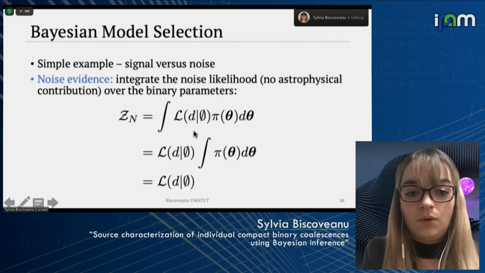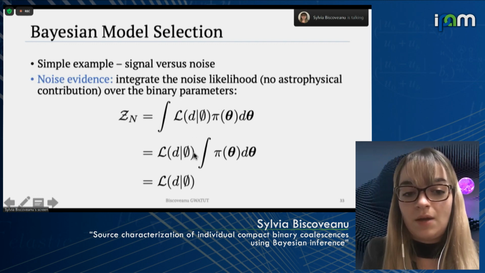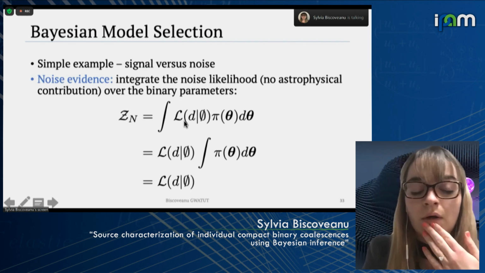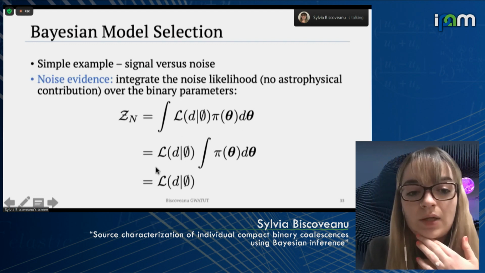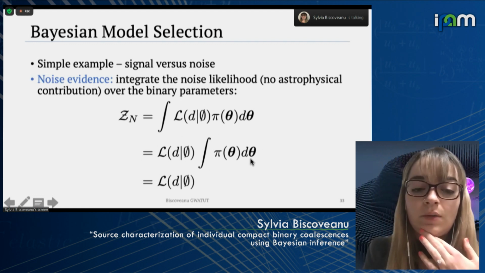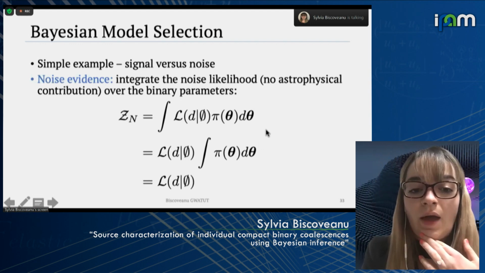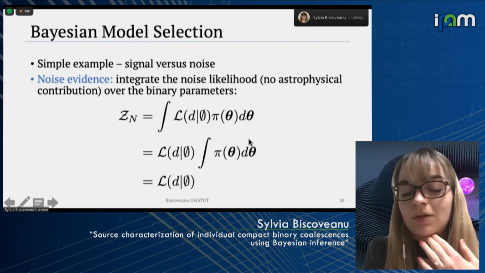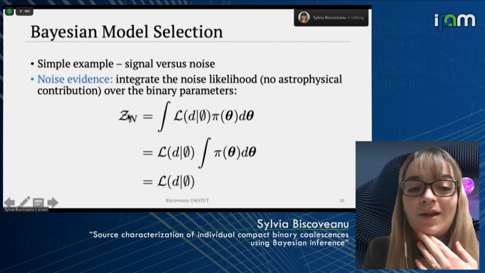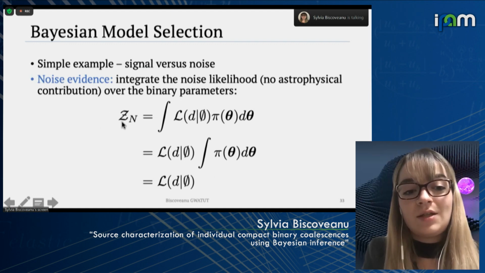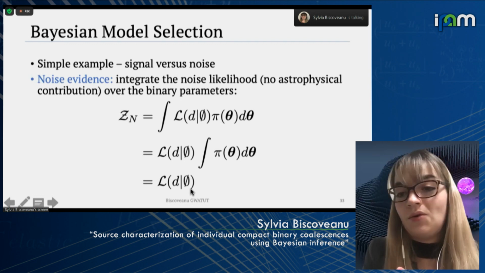So we take our noise likelihood, which was again denoted by that empty set and has h set to 0, and we integrate it over the binary parameters. Because the noise likelihood does not depend on the binary parameters, we can pull it out. And if our prior is properly normalized, then this part of the integral just goes to 1. And so what we're left with is the noise evidence is equal to the noise likelihood.